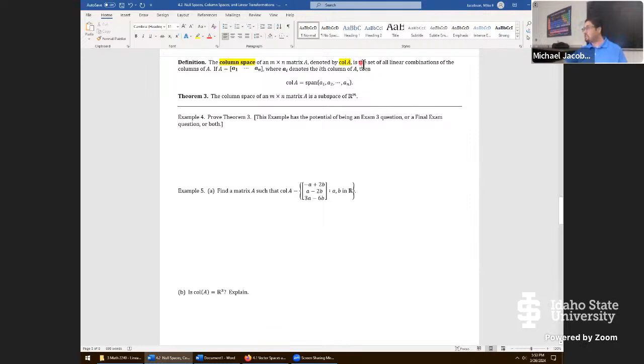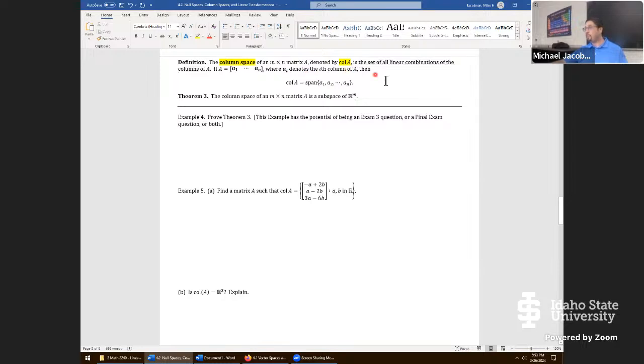What it is, is the set of all linear combinations of the columns of A. But if you take a look at the set of all linear combinations, that's just another way to say span. The columns of A go A1, ..., An. So the column space of A is just the span of all the columns of that original matrix A.